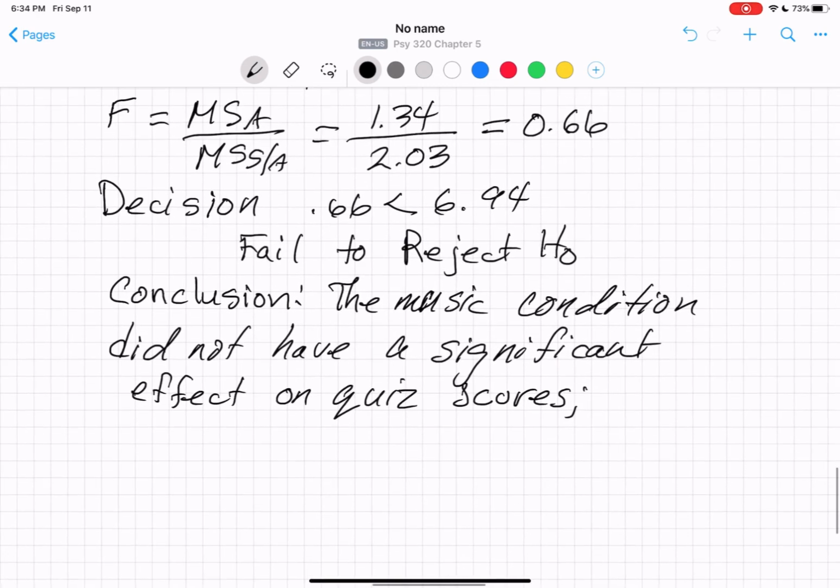And then we want to give our statistics. So F with 1 and 10 degrees of freedom equals 0.66. And then P is greater than 0.05.